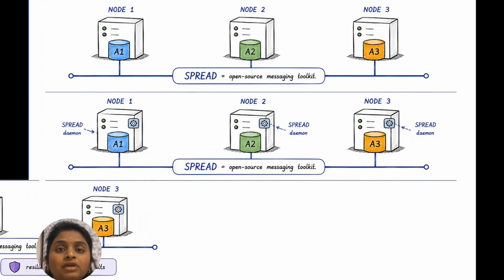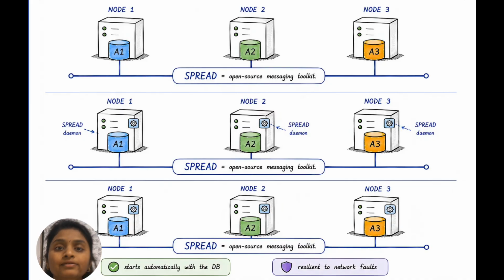Two things make spread practically invisible to you. First, it starts automatically with the database. You don't launch it separately. When you spin up your Vertica database, the daemon comes up with it. Second, it's resilient to network faults. A brief hiccup, a dropped packet, or a momentary partition or pause.